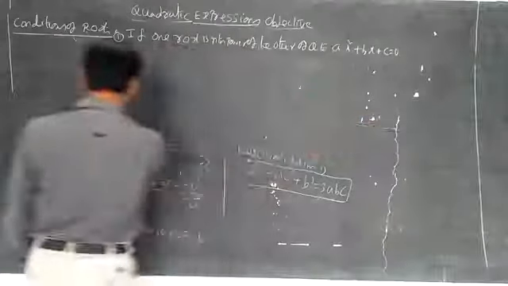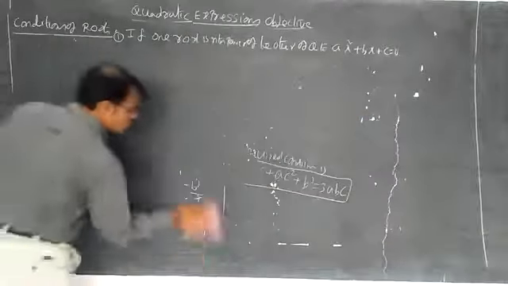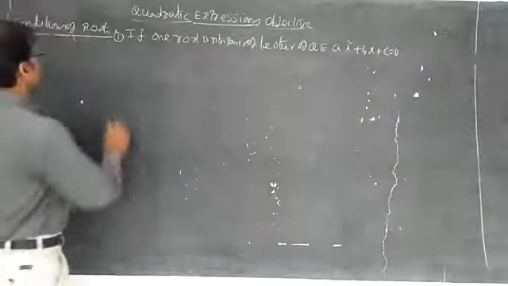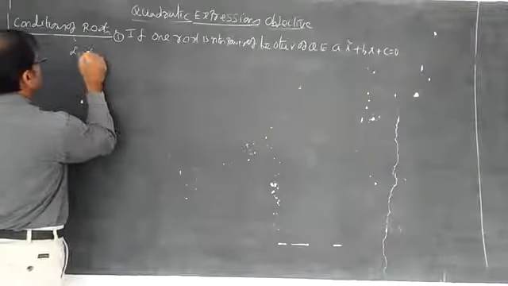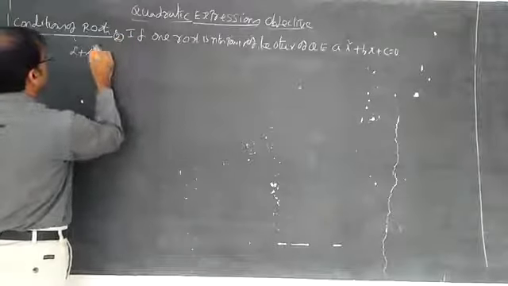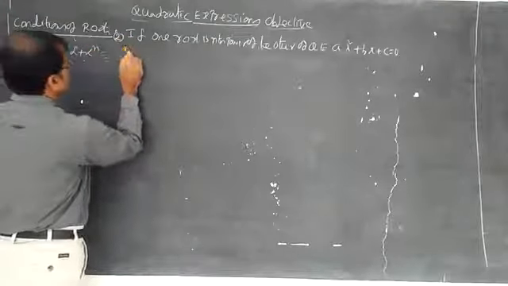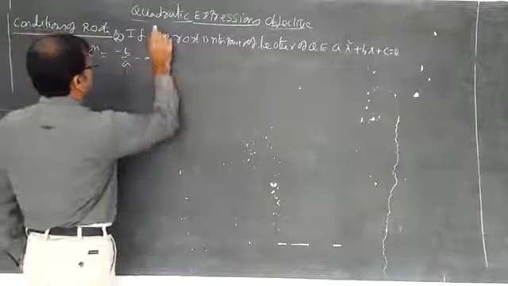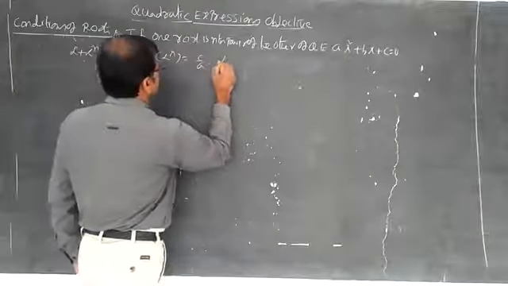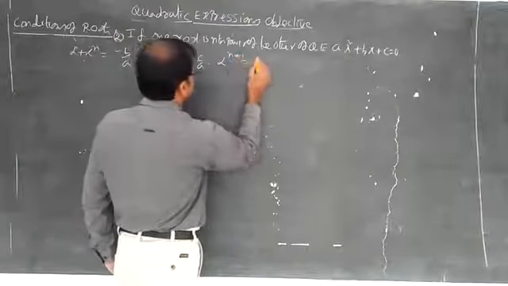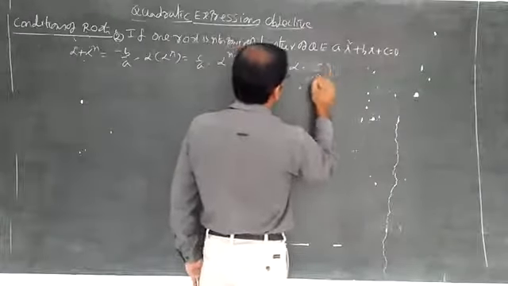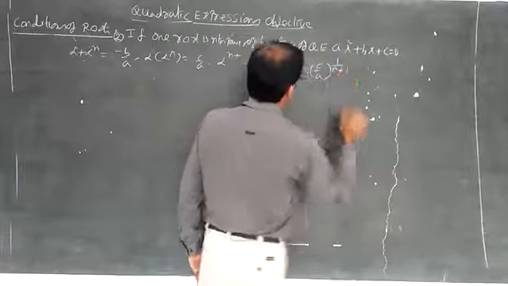So let us write alpha and alpha power n as the roots, depending on the sum of the roots condition we discussed in the previous sum. Alpha plus alpha power n is equal to minus b by a. Alpha into alpha power n is equal to c by a, so alpha power n plus 1 is equal to c by a. That implies alpha is equal to c by a whole power 1 by n plus 1.